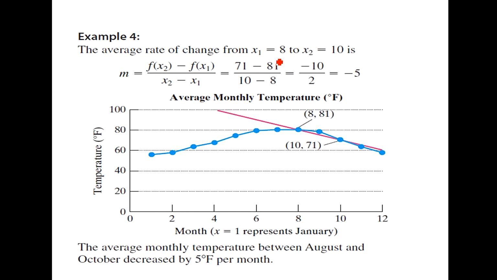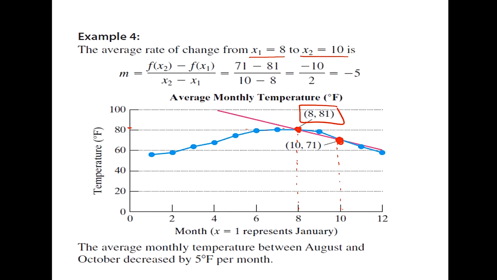Look at this. If we have x1 equal 8 and x2 equal 10, the first point is 8 and 81, and the second point is 10 and 71.